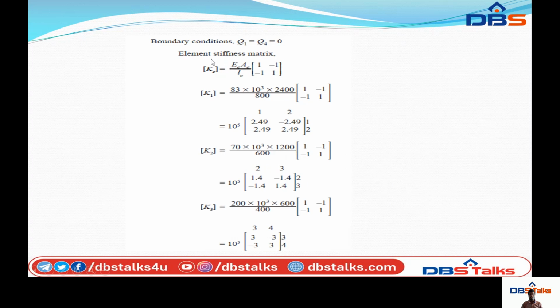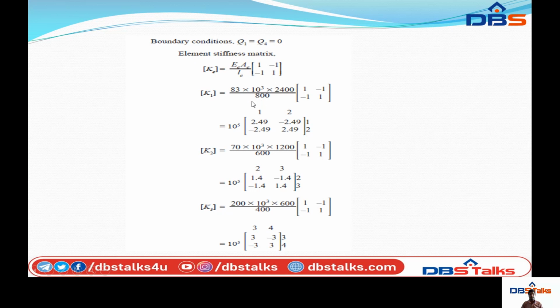After that, calculating the element stiffness matrix for every element: K1 for element 1, K2 for element 2, K3 for element 3. We already know that for finding the element stiffness matrix for every element, K equals area into Young's modulus by length, in brackets 1, minus 1, minus 1, 1.